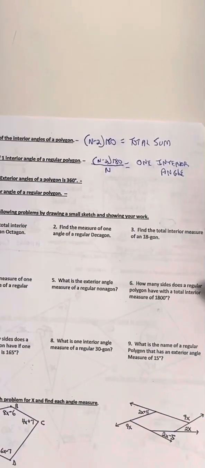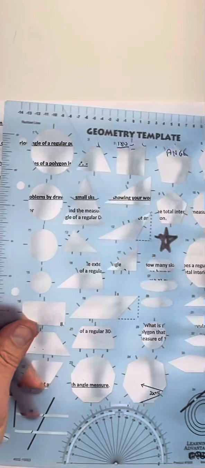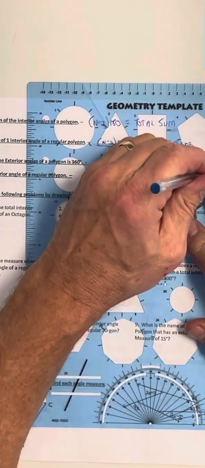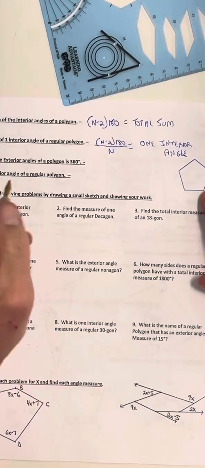So for example, if I have a pentagon, that's a regular pentagon.